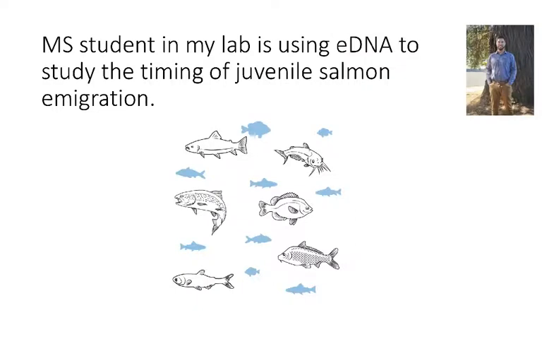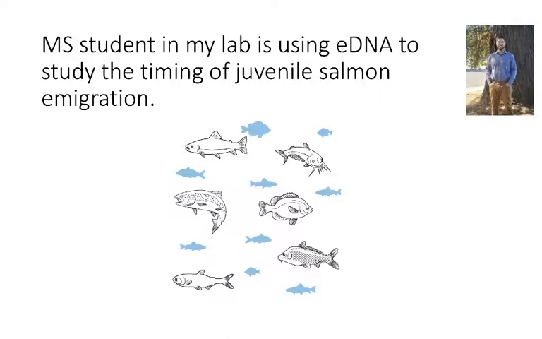And just like I've talked about previously with metagenomics, I actually have another master's student in my lab, Jason, who's currently using eDNA techniques for his thesis. So what he has done is collect water samples from different local streams and creeks. And what he is interested in specifically is the timing of juvenile salmon emigration.